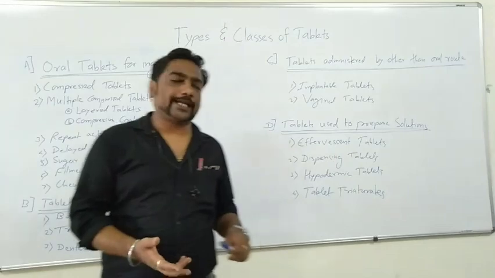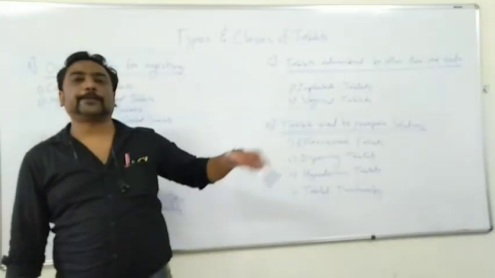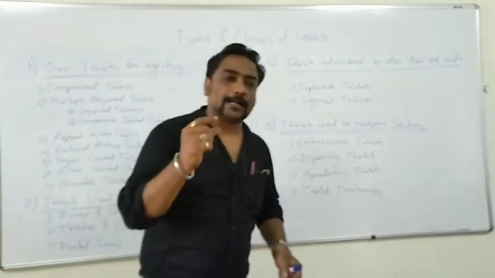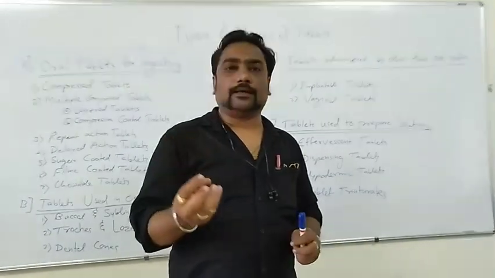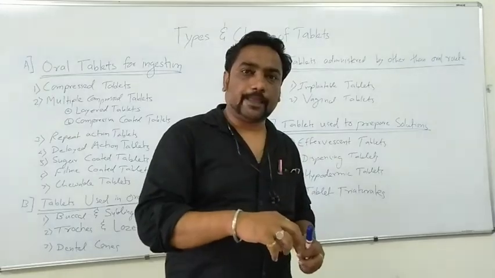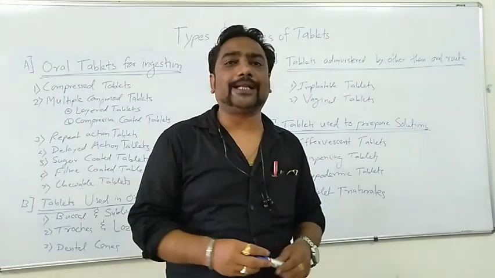Fourth and the last category is tablet used to prepare solutions. So tablets are there. We have to take some liquid and dissolve that tablet in the liquid, and then that solution of the tablet is used.